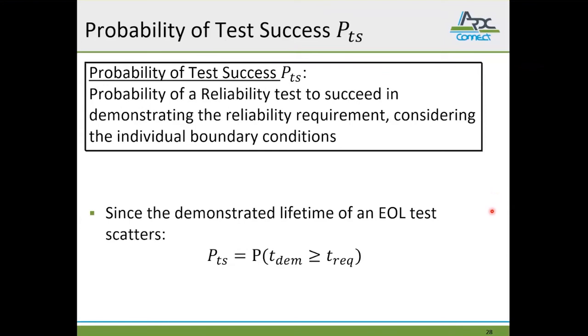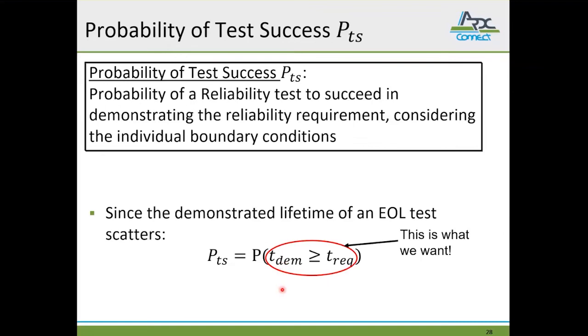So how do we formulate our probability of test success? Martin showed you that the demonstrated lifetime with confidence does scatter during an end-of-life test, for example. And the output of the test is what we want: we want a greater demonstrated lifetime than the requirement.